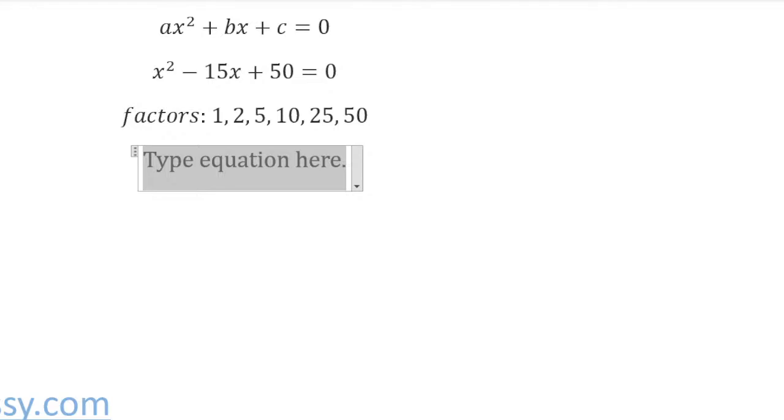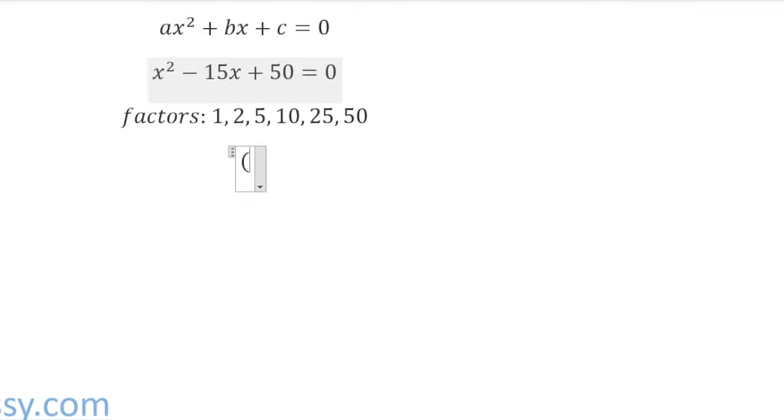Now when it comes to factorization, let's first find the factors of the first term. The factor of the first term x squared is going to be x times x, then equals to 0. If the last term is positive in a quadratic equation, we have to add the factors of the last term to get the middle term.